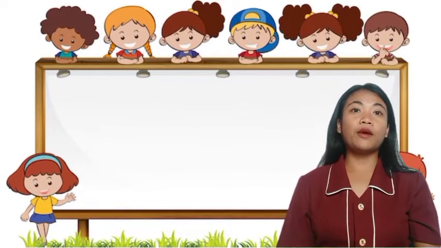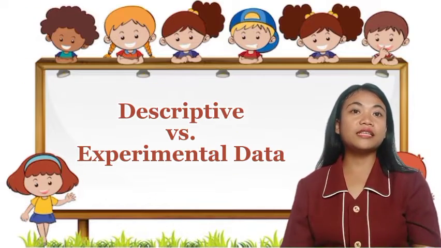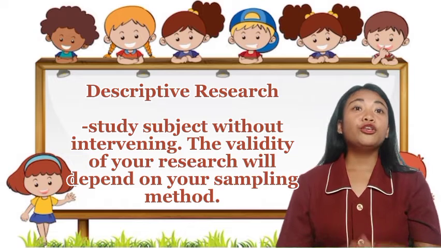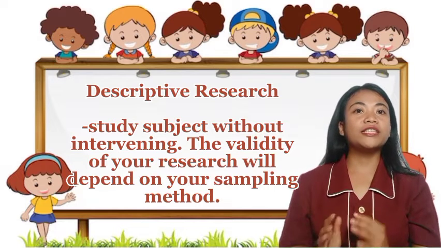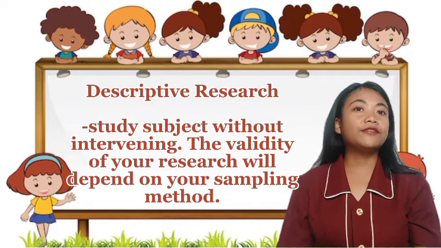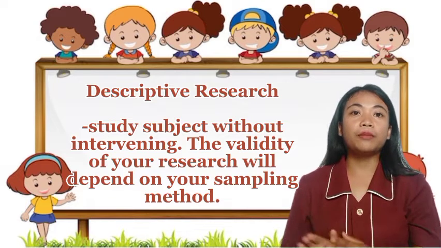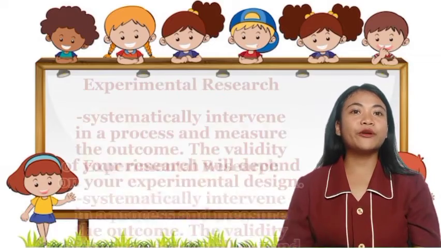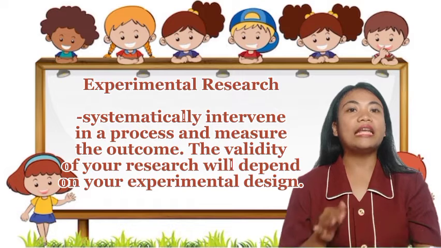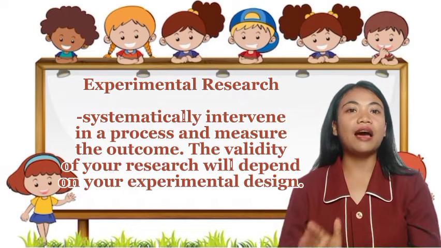Now let's move forward to descriptive versus experimental data. In descriptive research, you collect data about your study subject without intervening. The validity of your research will depend on your sampling method. In experimental research, you systematically intervene in a process and measure the outcome.